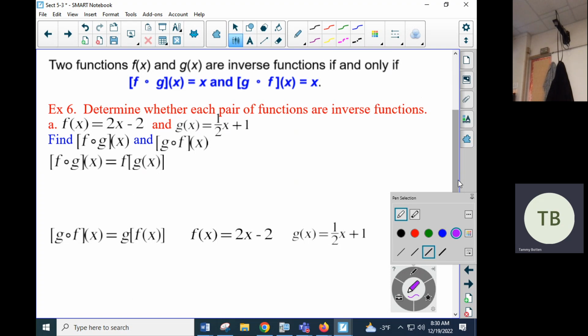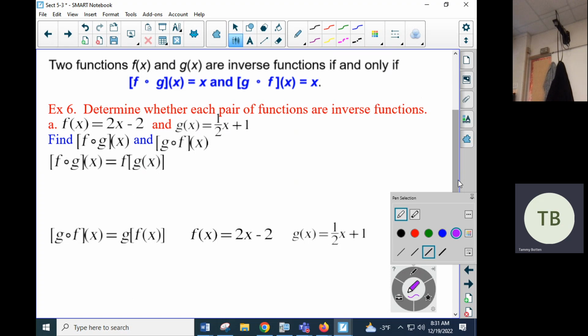And what you're going to do is find the composition of f circle g of x, like we did last week, and find g circle f of x. And we're going to see if those two equal x. If they both equal x, that means these are inverses of one another. If you do one of the compositions and you know you did it correctly and it does not equal x, that means they're not inverses of one another.